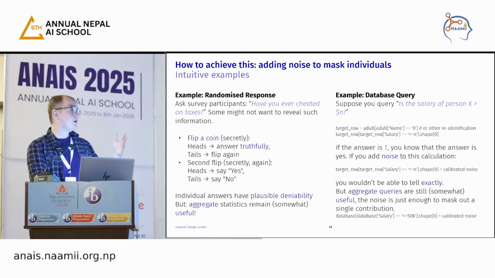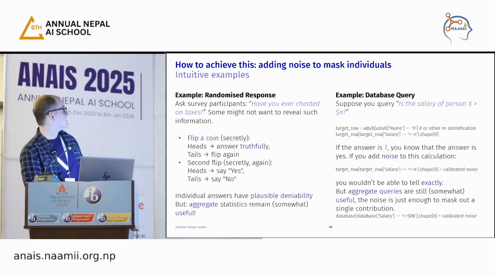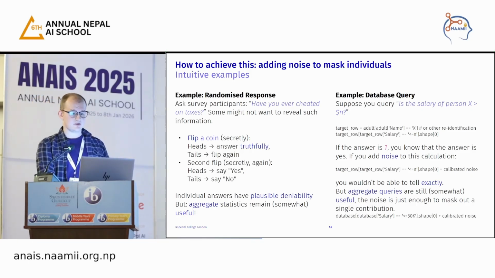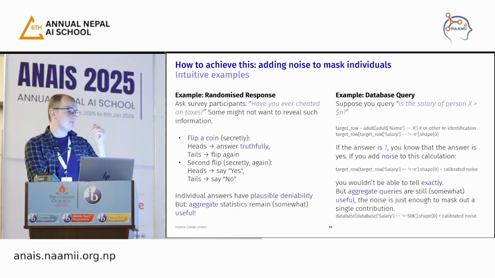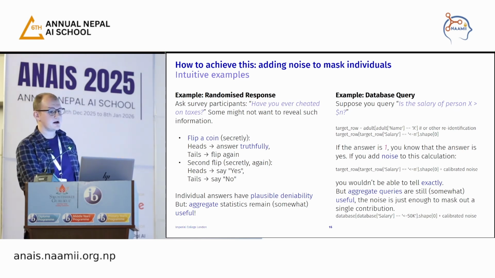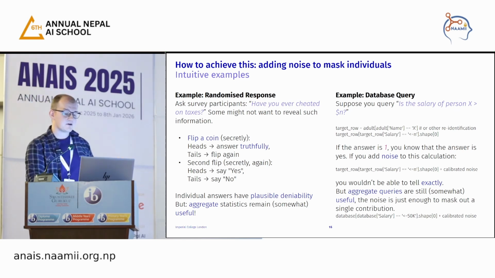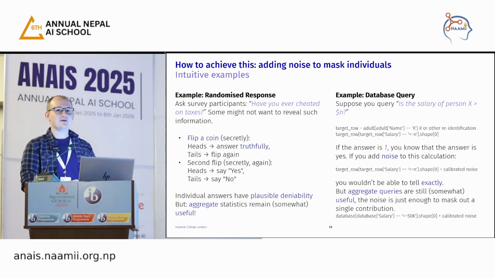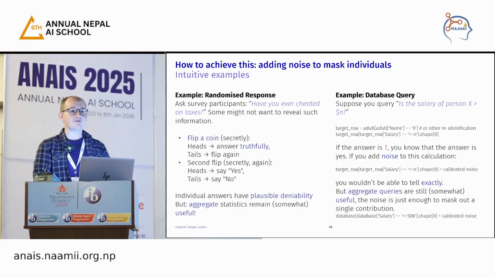Right, so how do we achieve that? We achieve that intuitively by adding noise in order to mask out each individual's contribution. The following example is a bit silly, but it gets to the point quite quickly. You ask a survey participant, have you ever cheated on taxes or cheated on your partner? Something that people might not want to answer truthfully, especially if their answer can be attributed to them.